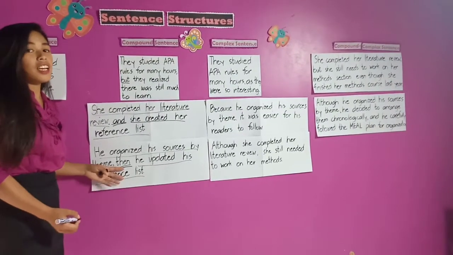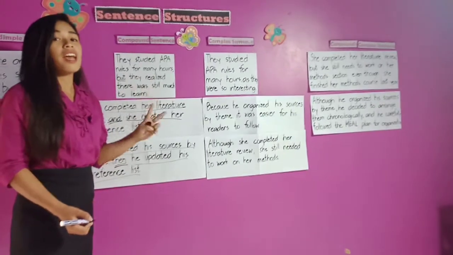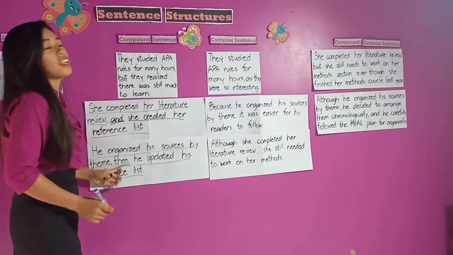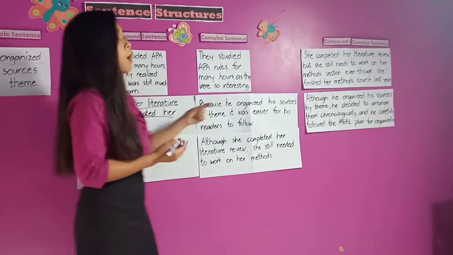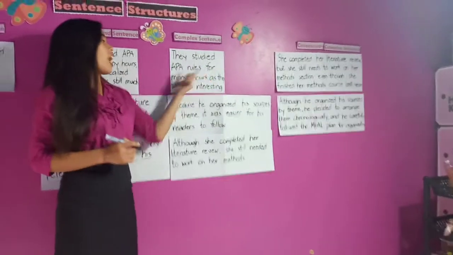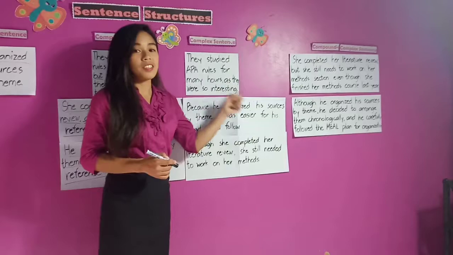So this is a compound sentence because it has two independent clauses and is connected by the conjunction then. So now let's proceed to the complex sentence. The first sentence is they studied APA rules for many hours as they were so interesting.